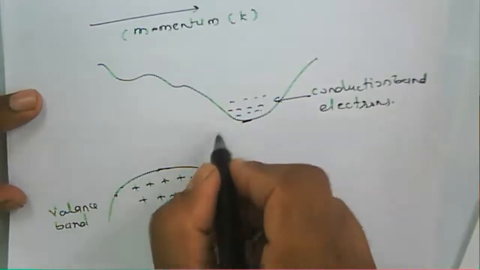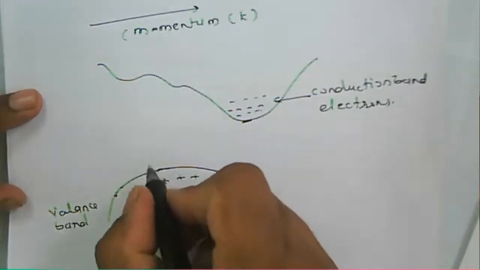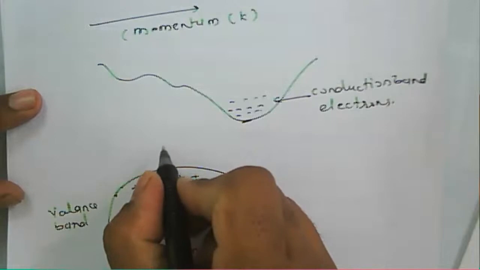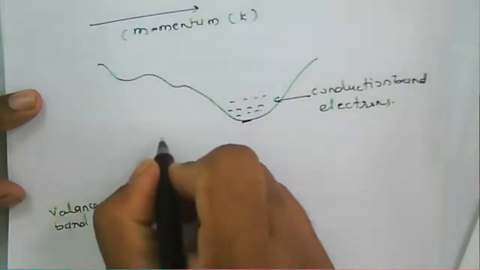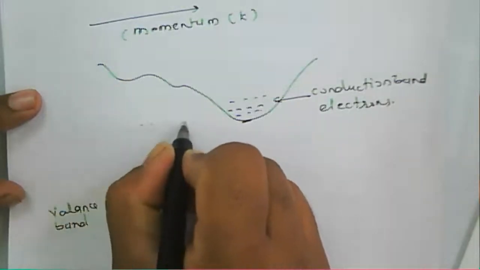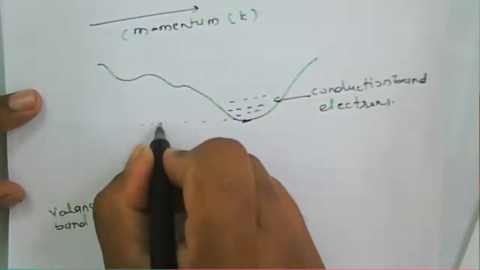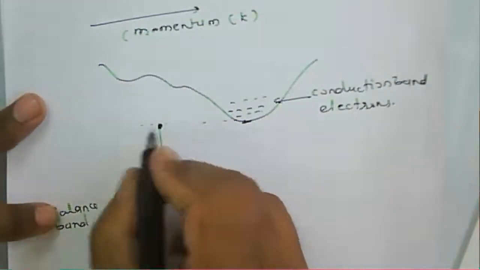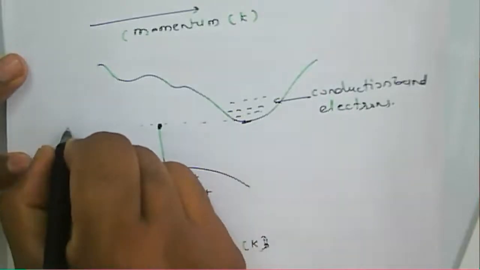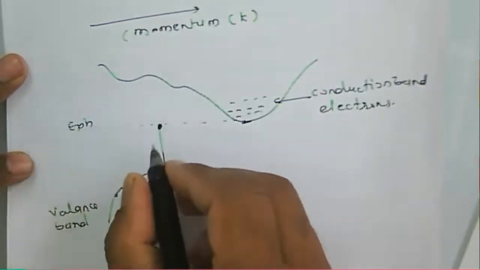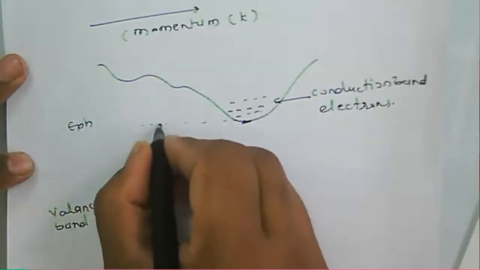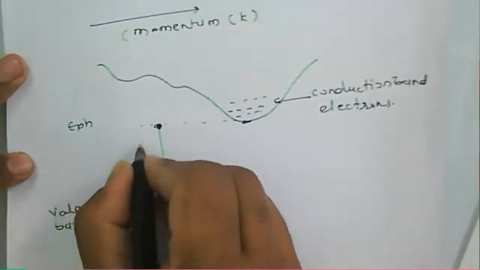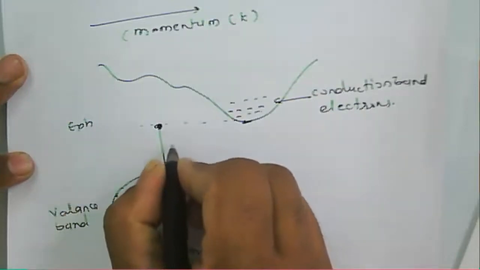So when we say a recombination of that electron and hole is to take place, in general we say from that electrons here, a photon of energy is emitted, and because of that, in direct recombination, a photon of energy is emitted.